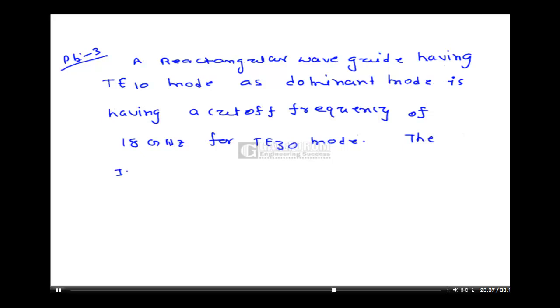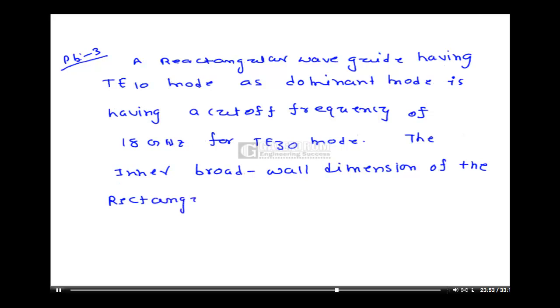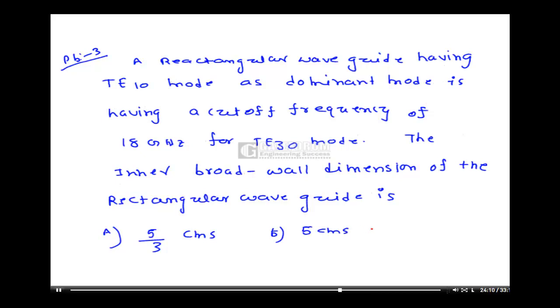The inner broad wall dimension of the rectangular waveguide is: option A, 5 by 3 centimeters; option B, 5 centimeters; option C, 5 by 2 centimeters; option D, 10 centimeters.